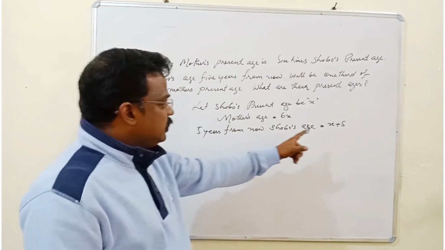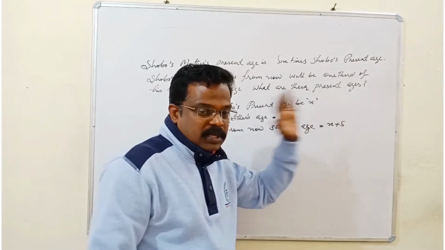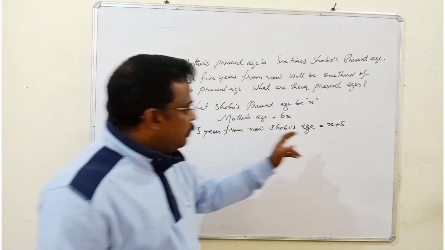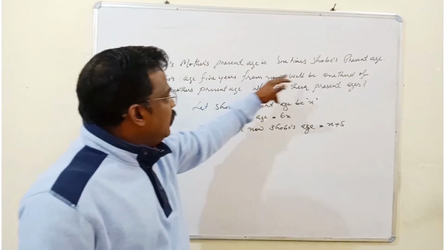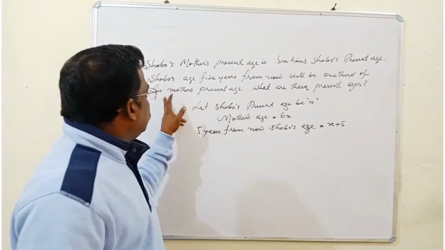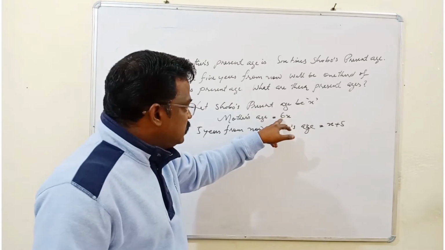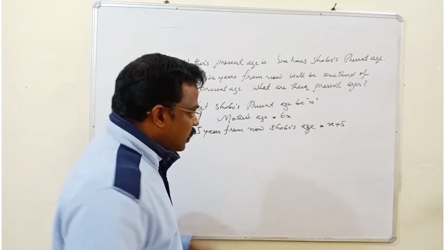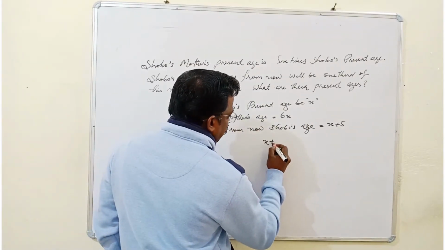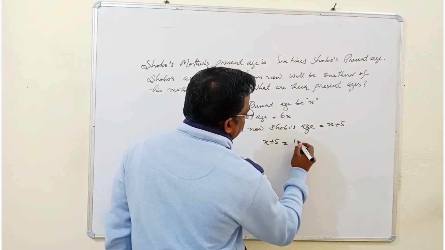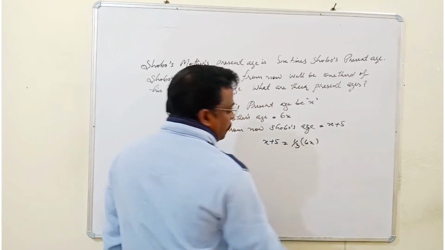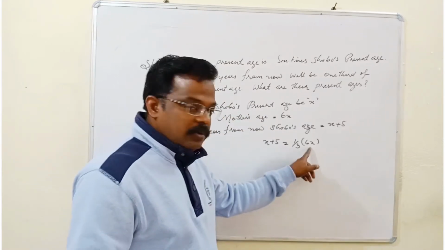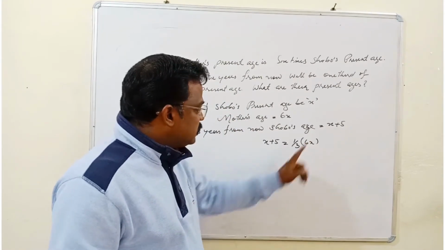After 5 years his age will be x plus 5. What will happen at that time? It will be 1/3 of mother's age. Mother's age is 6x, so 1/3 of it. That means x plus 5 equals 1/3 into 6x. Okay, 1/3 of mother's present age.